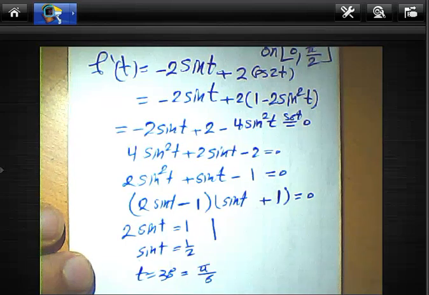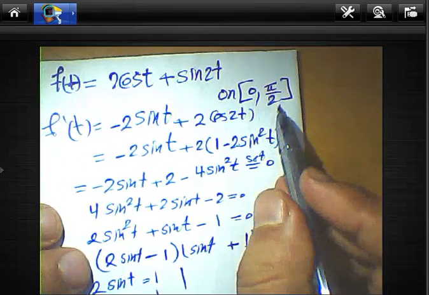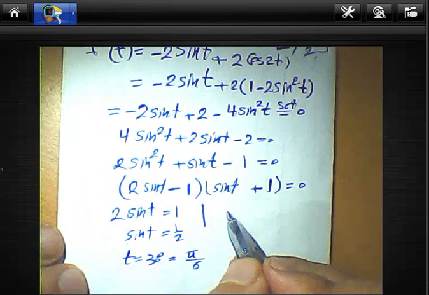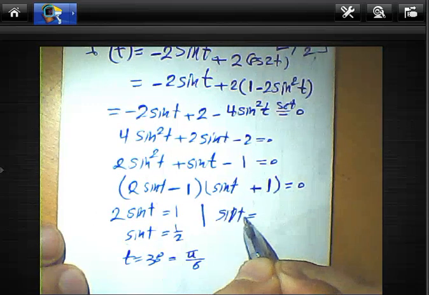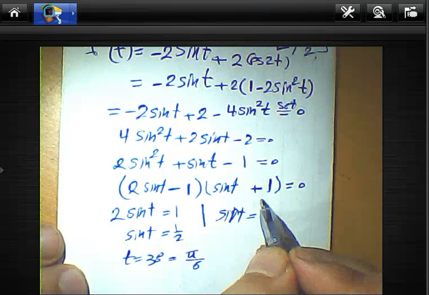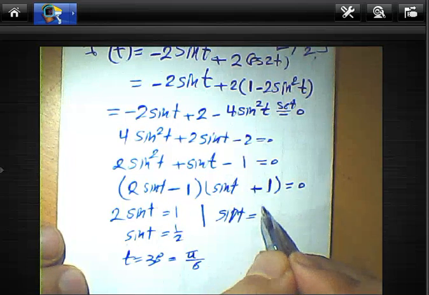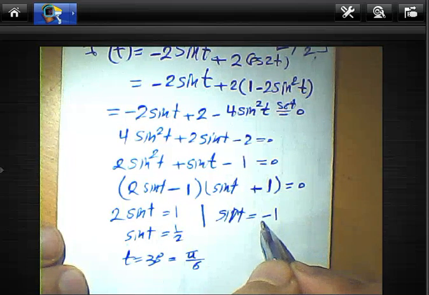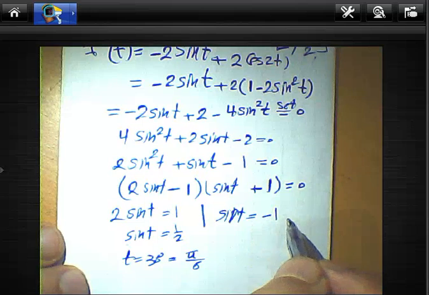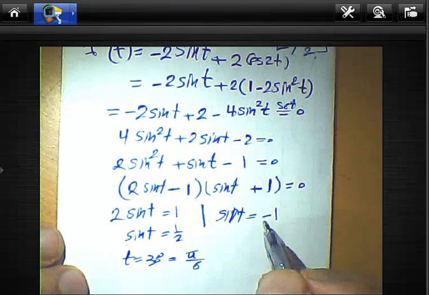Okay, and pi over 6 falls into the interval from 0 to pi over 2. And here sine t equals negative 1. We move the 1 from the left-hand side to the right-hand side and invert the sign, so sine t equals negative 1. Can you find the result for negative 1?